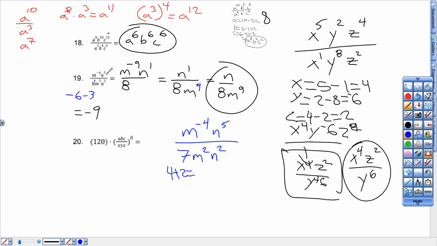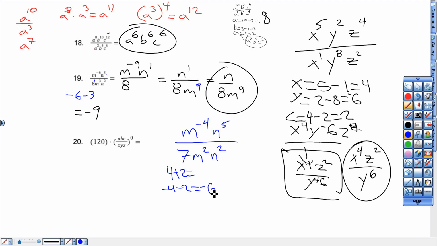So you got to do the same thing. You're taking -4 and subtracting 2. Yep. That gives you 2 negatives combined to a bigger negative. That's -6 right there.